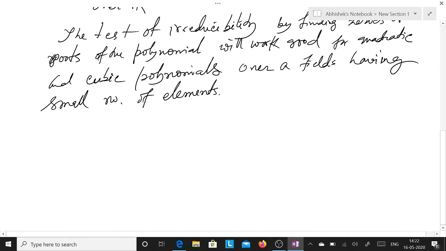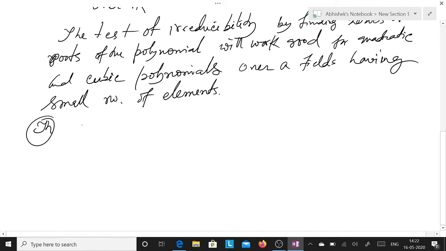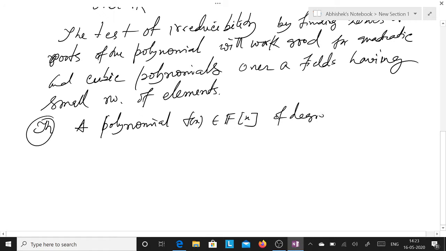I must note down the irreducibility test for quadratic and cubic polynomials. So the theorem is, a polynomial f(x) belonging to F[x] of degree, suppose 2, or we may suppose the degree is 3.